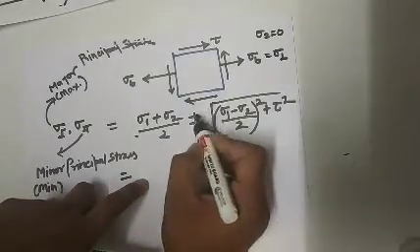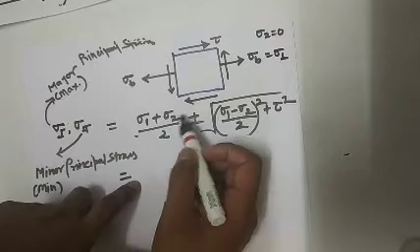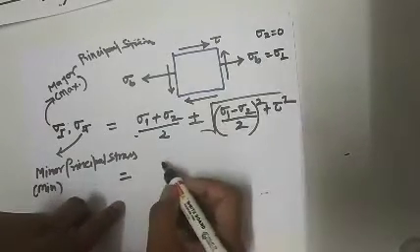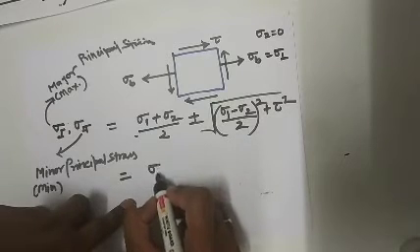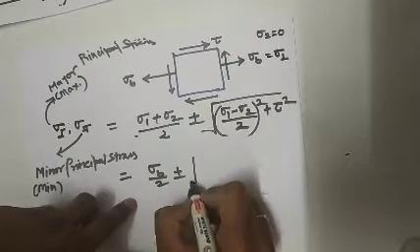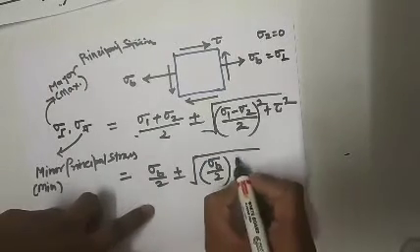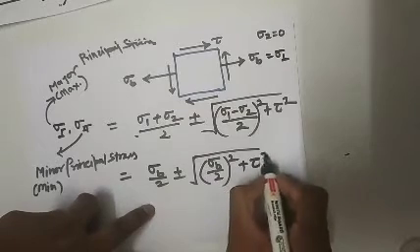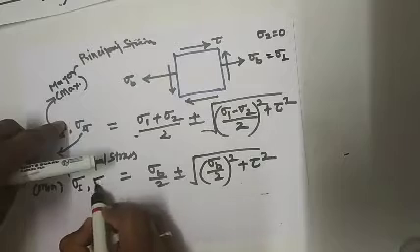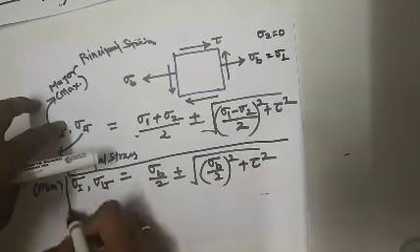Putting sigma 1 equal to sigma b, the value is sigma b by 2 plus minus under root of (sigma b by 2) square plus tau square. This gives the maximum or minimum principal stresses generated in the shaft.